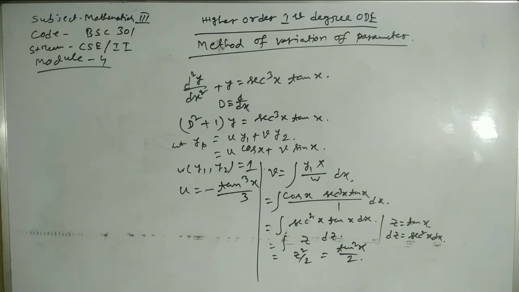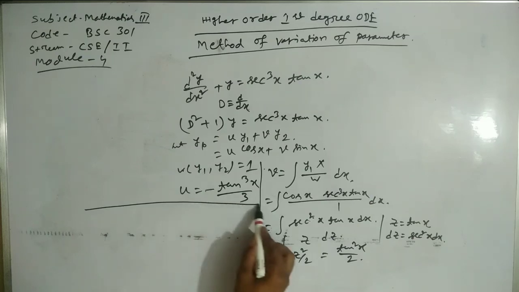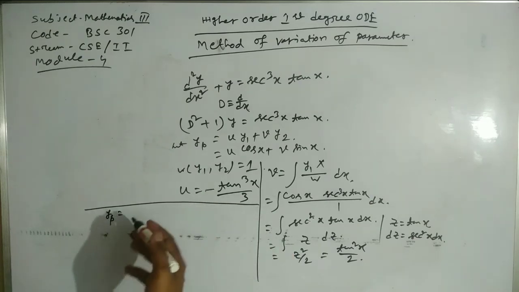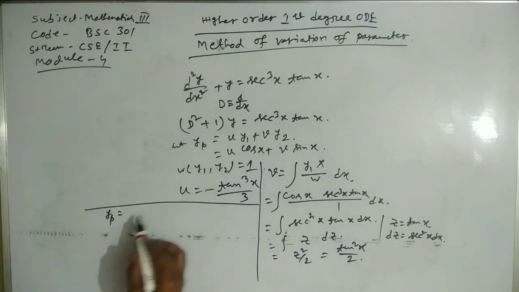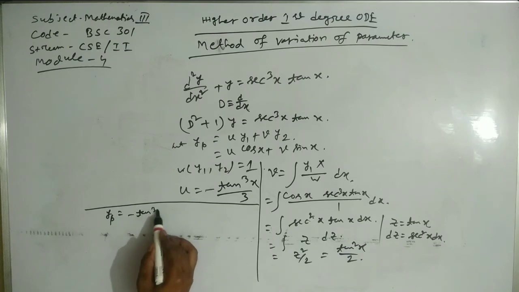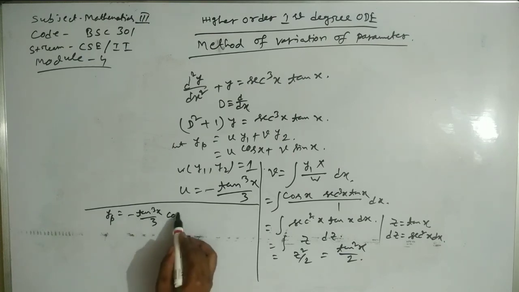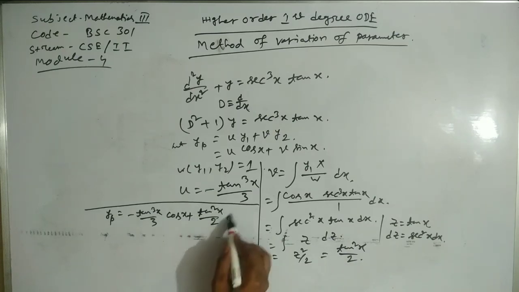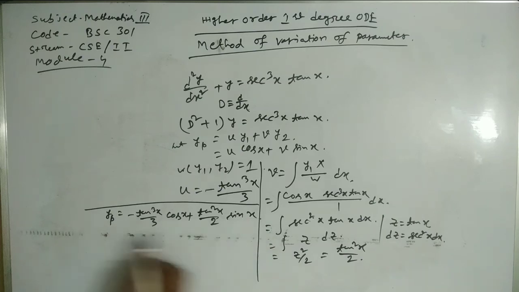Now I will write the general solution. First I write the value of yp. yp is uy1, that is minus tan cube x by 3 into cos x, plus v into sin x, that is tan square x by 2 into sin x. This is our particular integral.